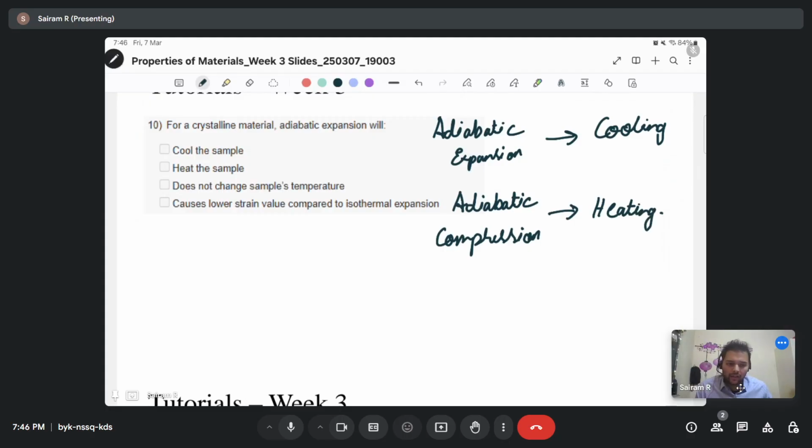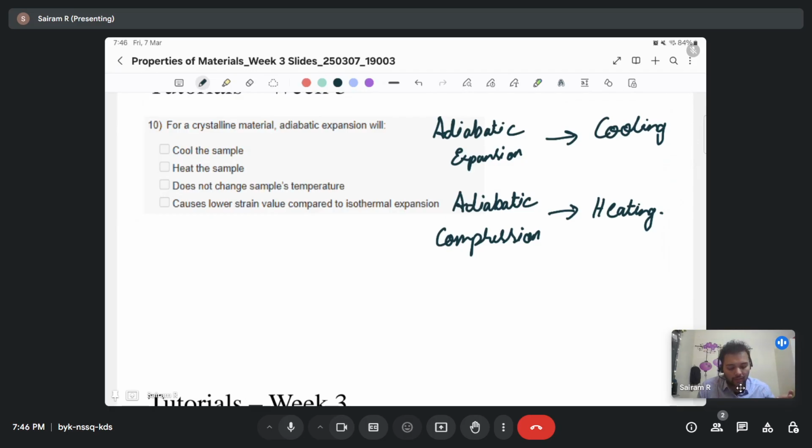We can derive this from simple gas laws, where let's say PV equals nRT. We know this ideal gas law, and in adiabatic expansion we also know that there is no heat exchange happening. So when an adiabatic system moves from P1 V1 T1 to P2 V2 T2, what is going to be the change?